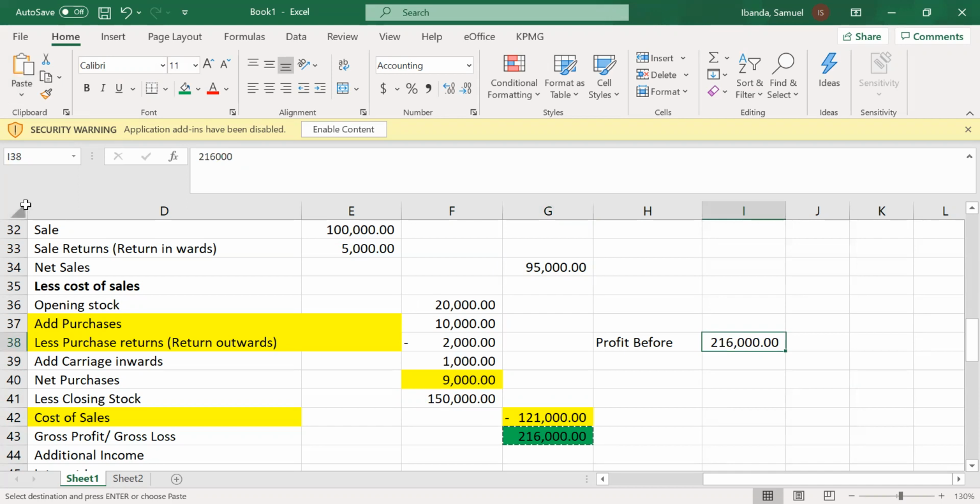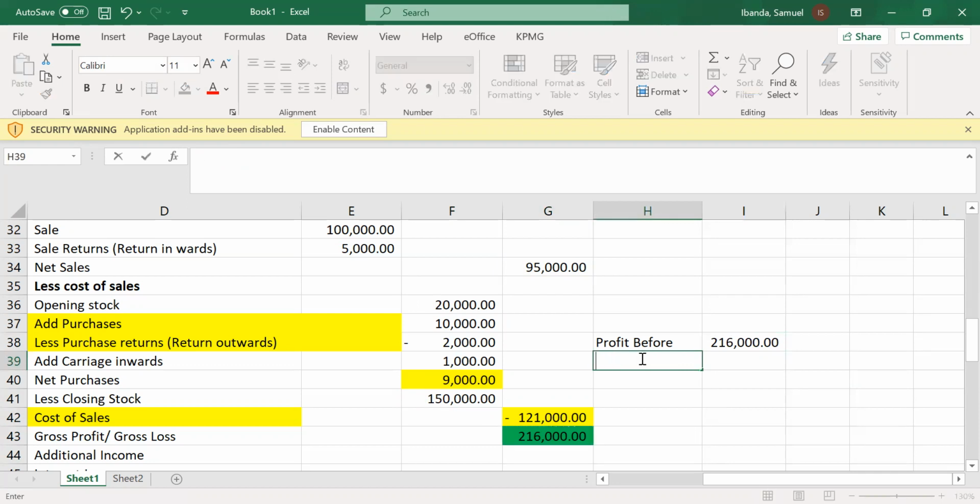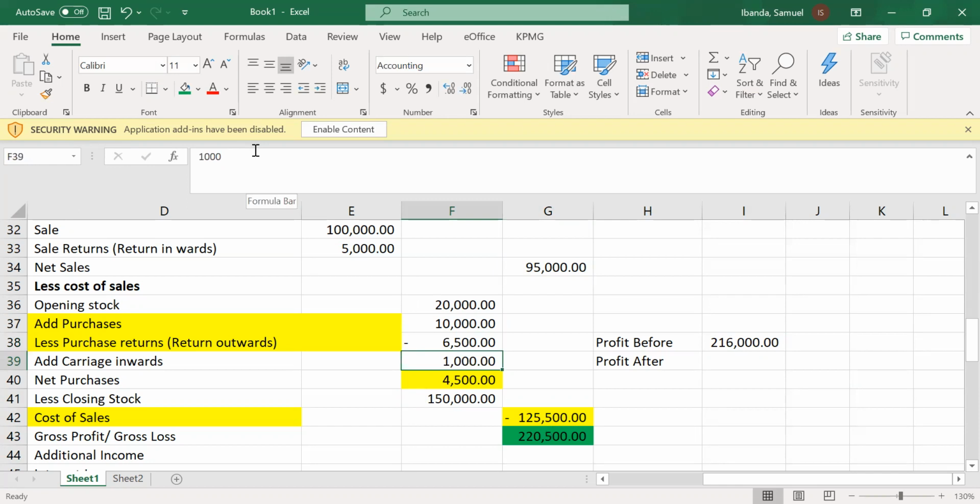We want to retest the effect and see. And then we are going to get our profit after, maybe to also help you figure this out on your own. So the profit after, when we add the 4.5. So what are we seeing here? The new profit is here.